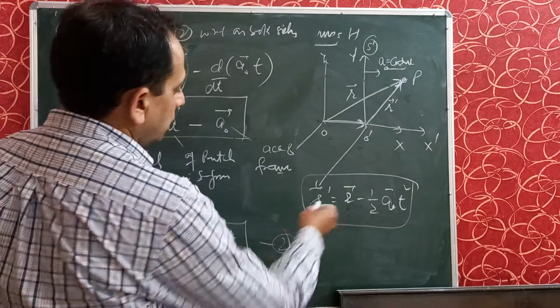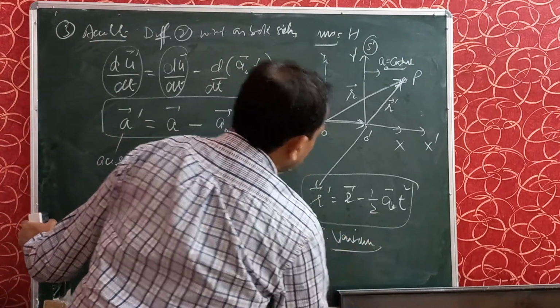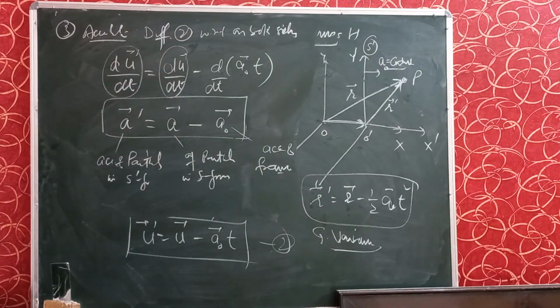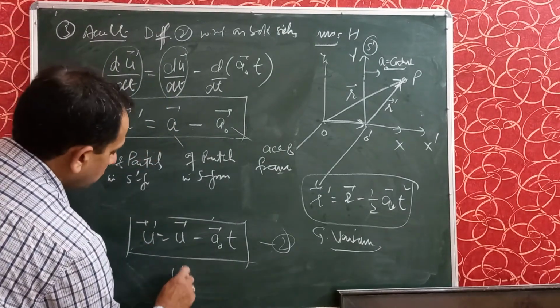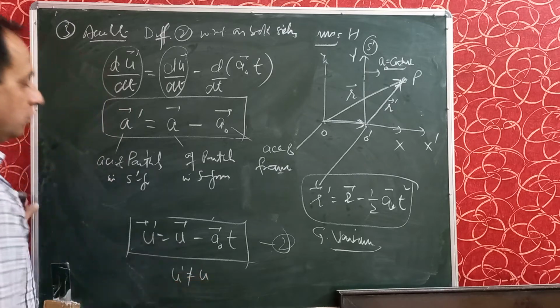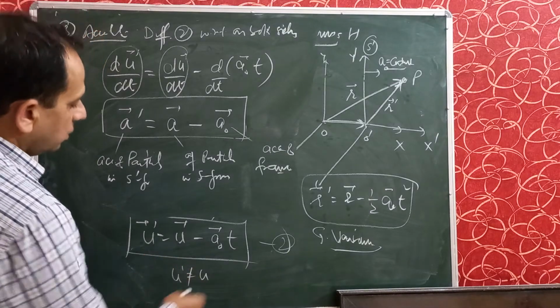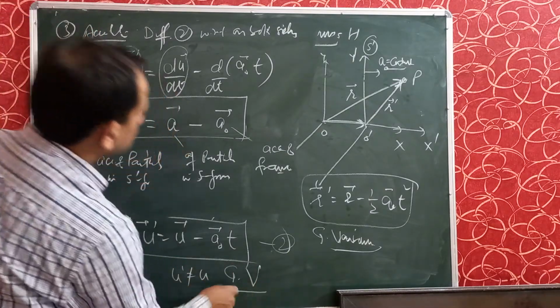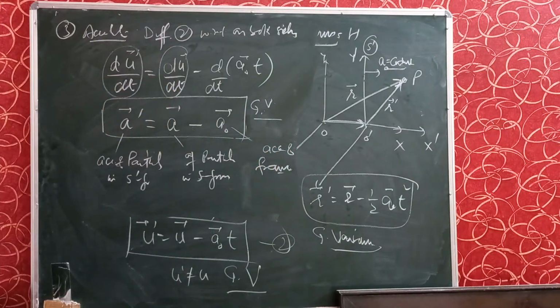It means displacement is Galilean variant. Similarly, u dash is not equal to u because some term is subtracted from u. Again, it is Galilean variant. All terms are varying under the Galilean transformation equations.